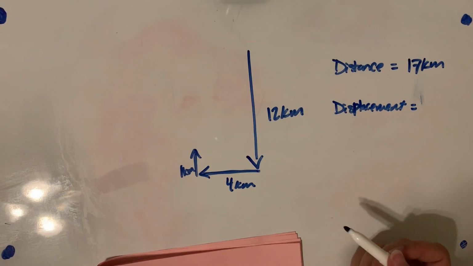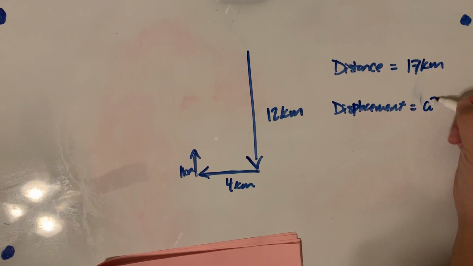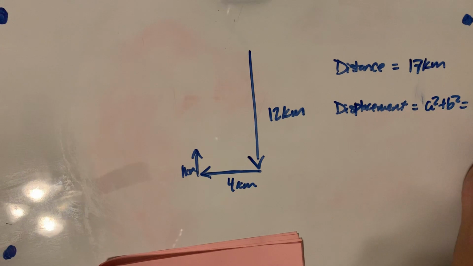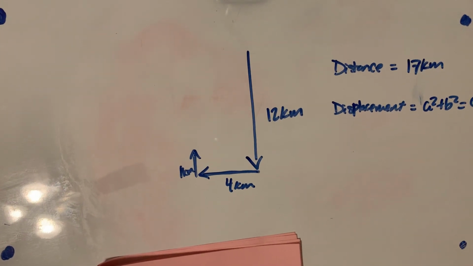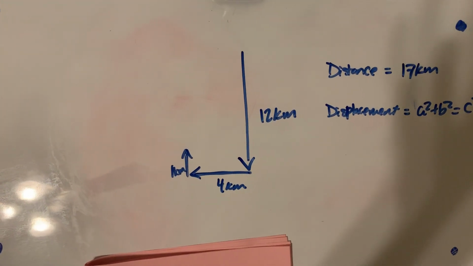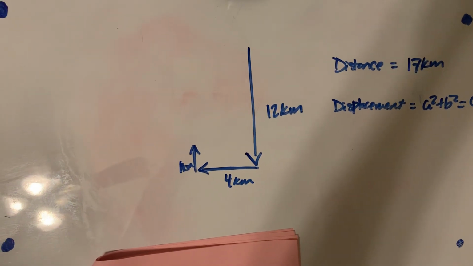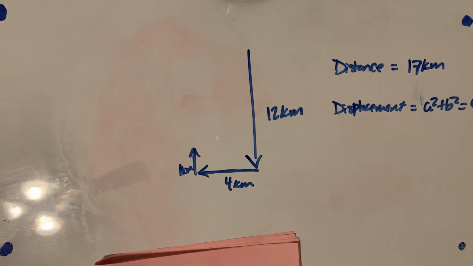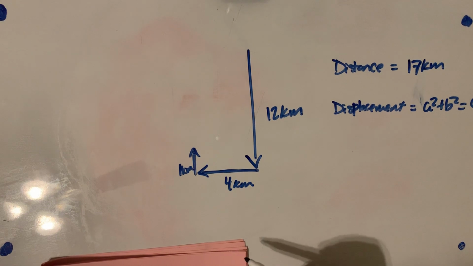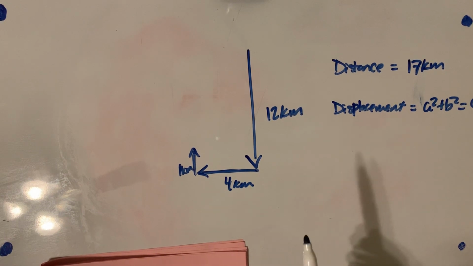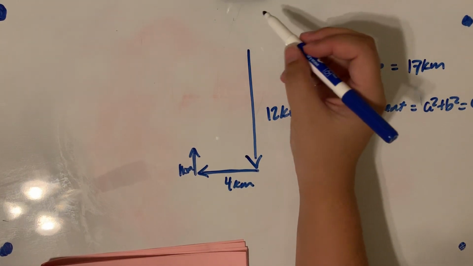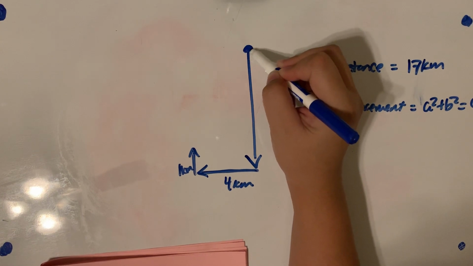Displacement. Okay. Remember, same thing, a squared plus b squared equals c squared. The c squared is out of the picture a little bit, but it's okay. You kind of get what is going on. A squared plus b squared equals c squared. So, create your right triangle. Okay? So here's your start.